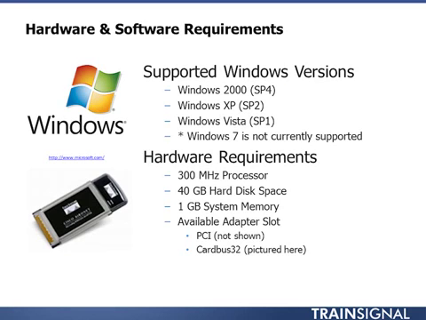These products interwork with the Windows operating system, but the older versions, XP and Vista, not Windows 7. The formats of these adapters are the older formats, so a CardBus that you've got pictured here, or a PCI adapter slot format.